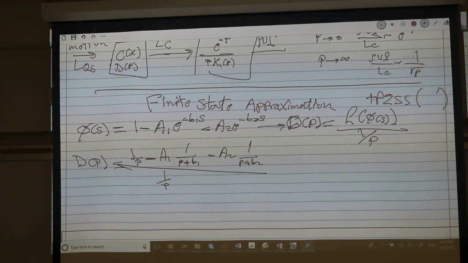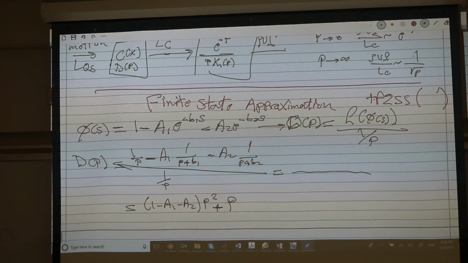I'll just rearrange things. So you follow the steps. Just try to multiply up and down. I'll not waste time here. So this is (1 minus a1 minus a2) p squared plus p. This is the coefficient of p squared in the numerator.